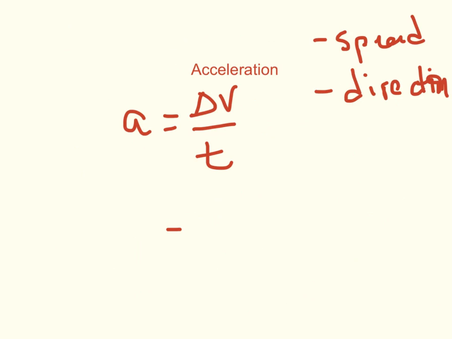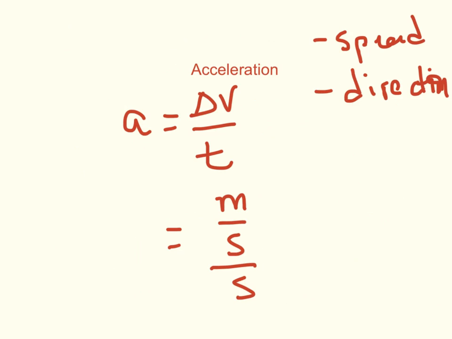Now, let's take a look at the units, because the units are kind of neat. A change in speed or a change in velocity is going to be meters per second divided by time, which is seconds. I almost prefer to keep it that way for a while. Your speed is changing so many meters per second each second.